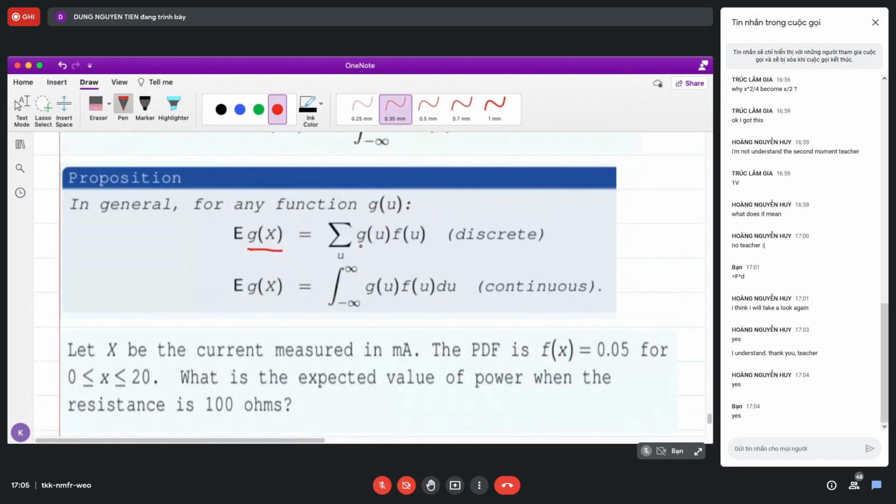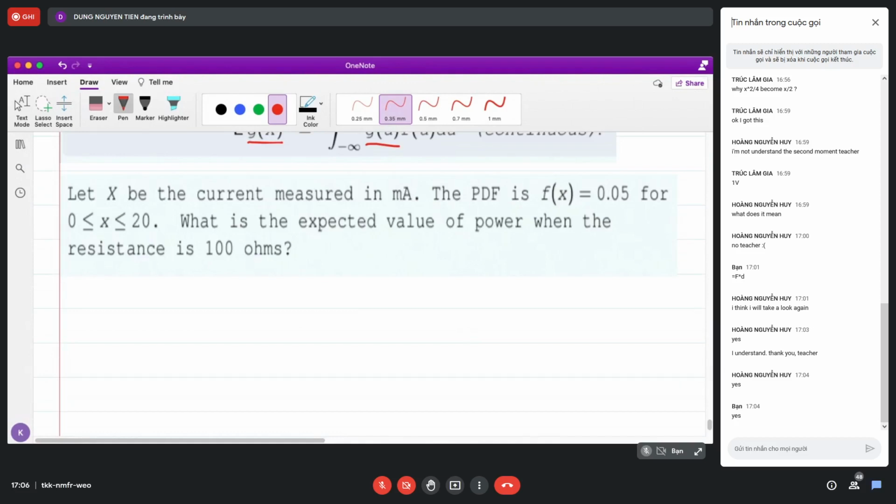Now we have a problem. Suppose that x is the current measured in milliampere, and you get the density function f of x equals 0.05 for any x between 0 and 20. What is the expected value of power when the resistance is 100? Do you understand?